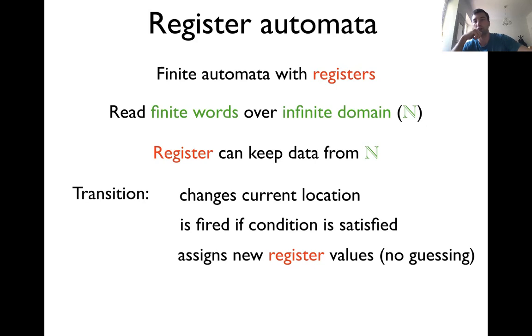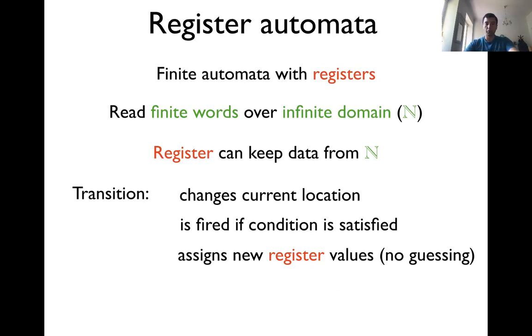What is important here is that there are many different models of register automata with slightly different properties, and here we disallow guessing. So we cannot put into our register a non-deterministically guessed data value which hasn't occurred before. We can only put a data value which we already had in some of the registers, or the input data value from the word.